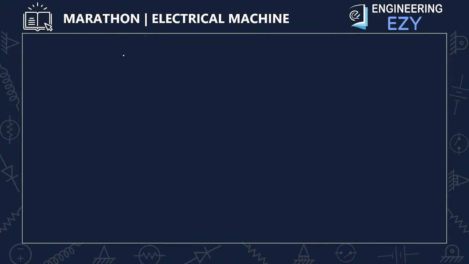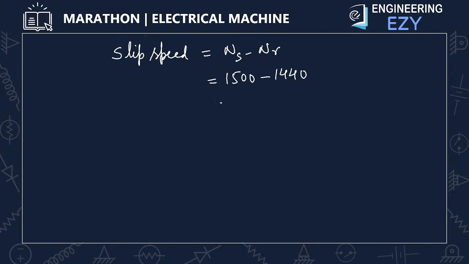So if you calculate NS minus NR, the slip speed in the first case is NS minus NR. NS is 1500, NR is 1440, so it is 60 RPM. It is the slip speed, which is called S times NS.